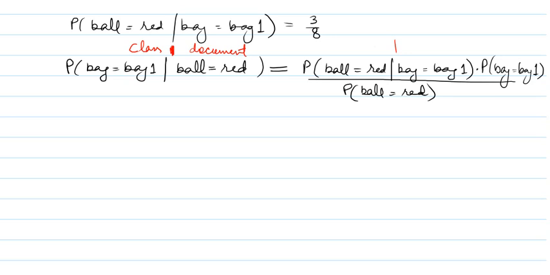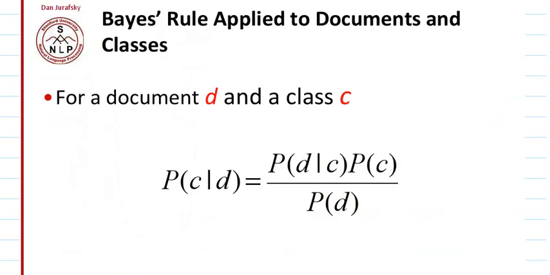That can be calculated from the probability of the document given the class, multiplied by the probability of the class, divided by the probability of the document, right? So C given D is D given C multiplied by C divided by D.